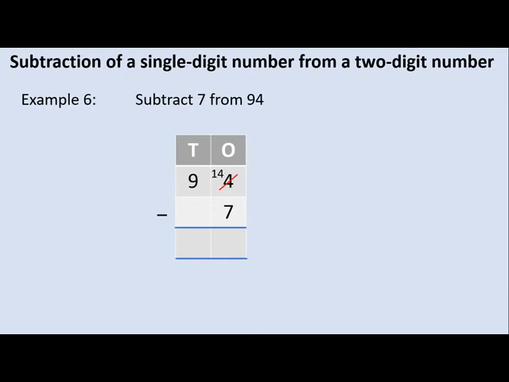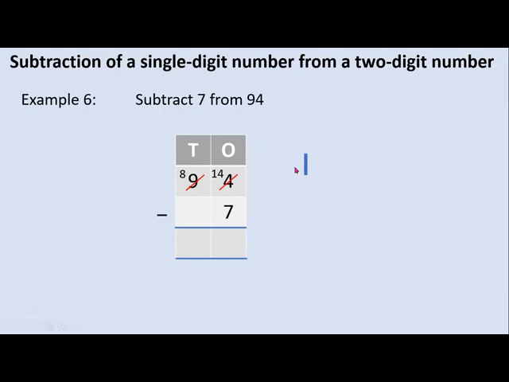That is 10 ones are borrowed from the neighboring or adjacent column, and here we had 4. Together it becomes 14 ones. Now you can subtract 7 from 14. So when you do that, you will get 7.